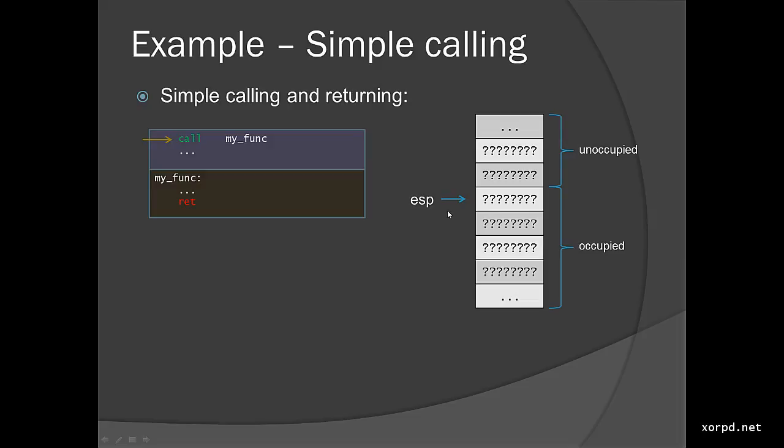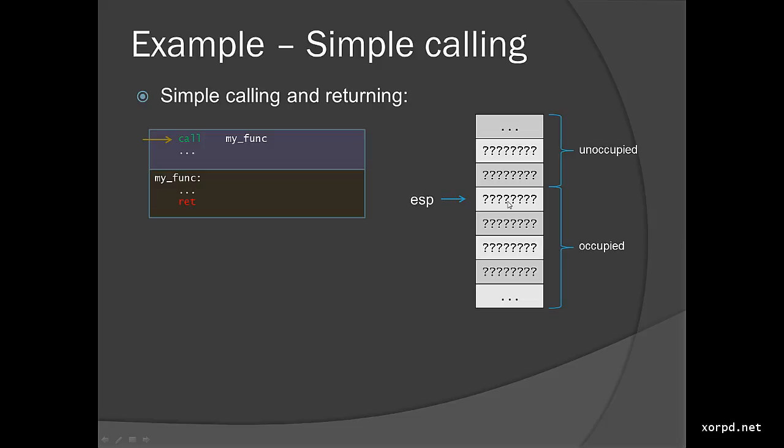We assume that initially ESP points to some location in the stack, and this location determines which D words are occupied and which are not occupied. In this case, when ESP points here, the occupied part of the stack is from here to the bottom.